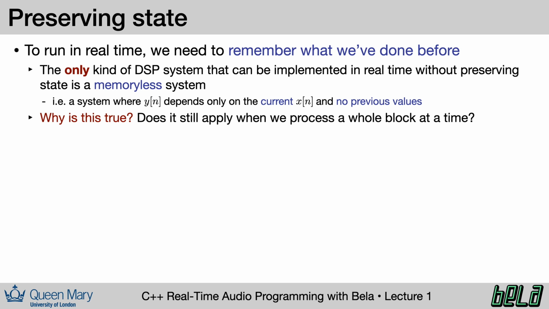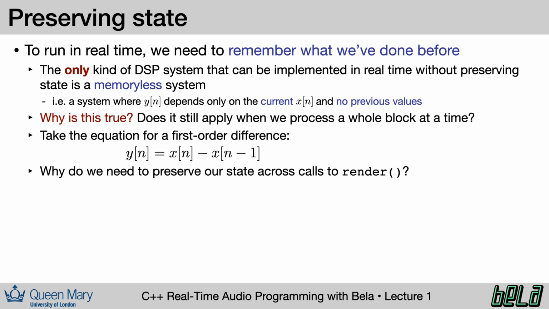You might ask, well, is that really true? We are processing one block at a time, and does it still apply that we can't know about previous samples? For example, let's take an equation for what's called the first order difference. What this equation means is that the current output is equal to the current input minus the previous input. y[n] = x[n] - x[n-1].